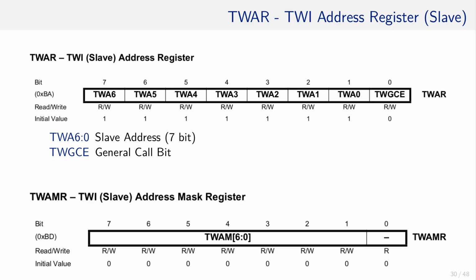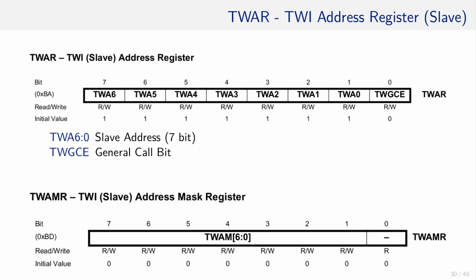Another register is the address mask register. Usually, a slave has only one address. However, many times a slave can have multiple functionalities. For instance, your ATmega can be connected to a light and a temperature sensor. While both data can be sent back to the master and let the master decide which it needs, the MCU can have 3 different slave addresses.